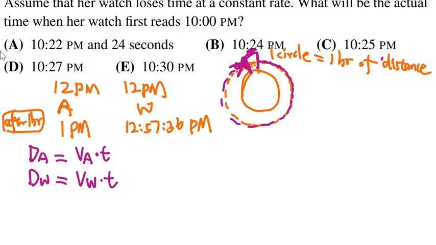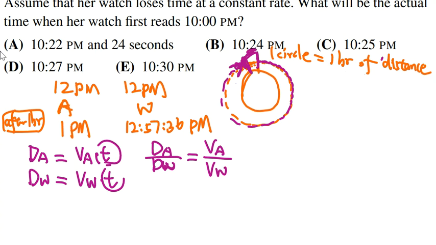So now we know that dA divided by dW, they share the same variable t, so they're equal to each other. So dA divided by dW is going to be VA divided by VW. So what is this dA? This dA is going to be 1 hour of distance. It's going to be one circle, right?